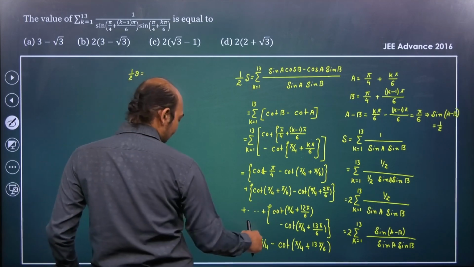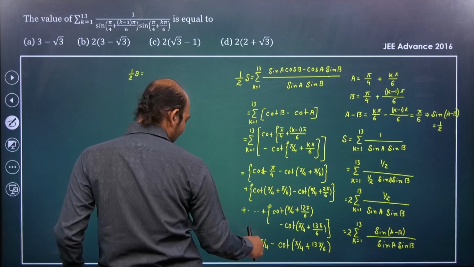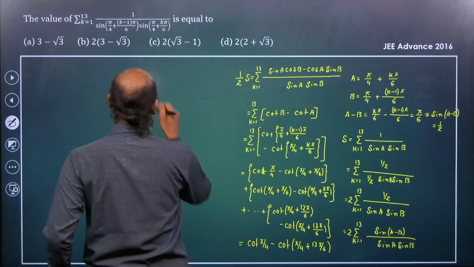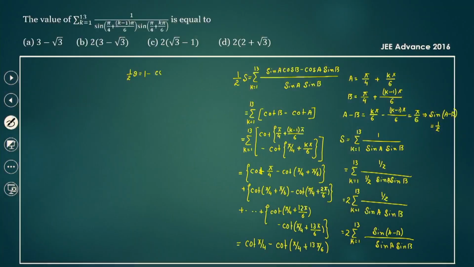So cot pi by 2 is actually equal to 1 minus cot of, if I add them together, we have 24 as the LCM. We'll have 6 pi and 42, so 58 pi.